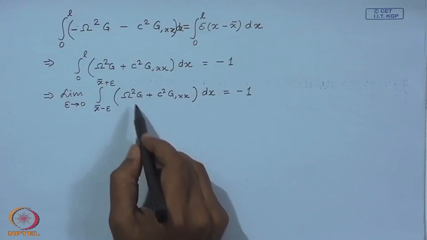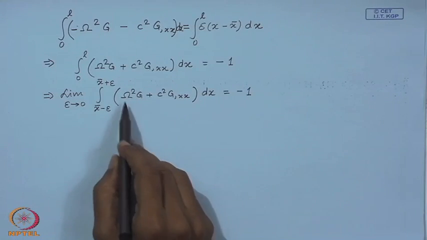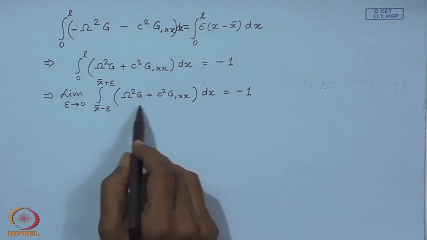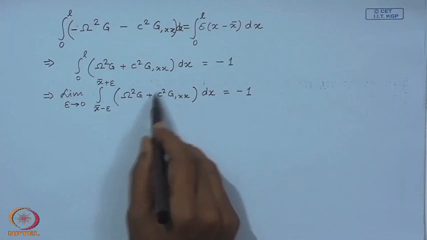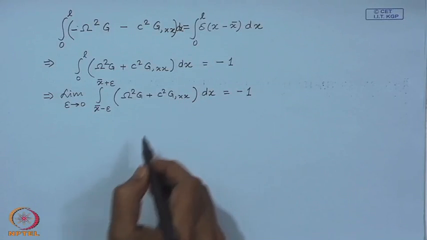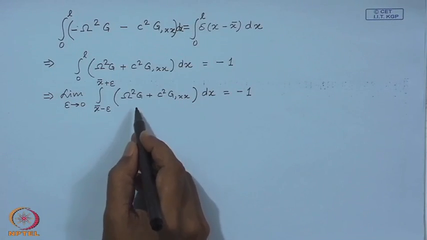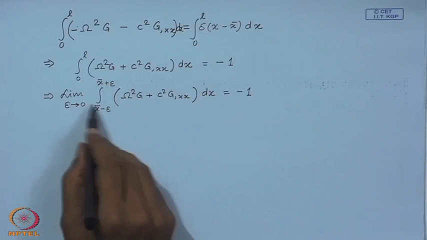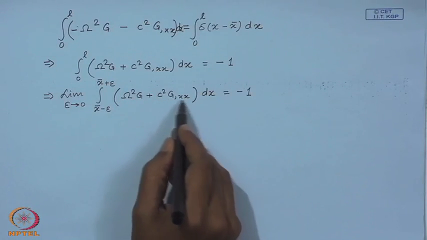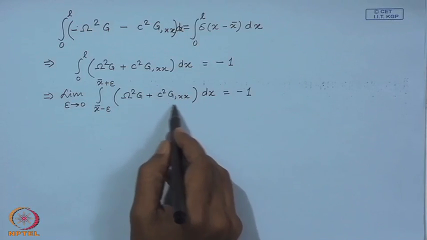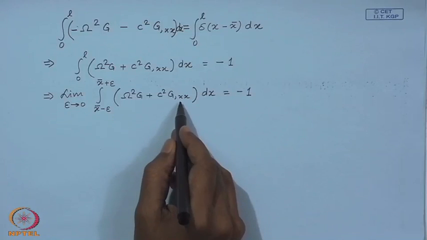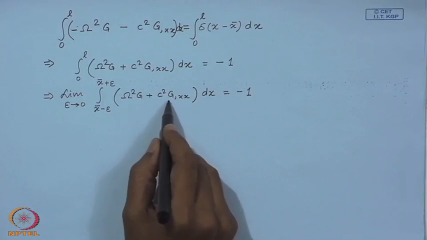Because g is continuous and does not have any sharp discontinuity, this term is not going to contribute in this integral. This other term is going to, because the first integral of this will represent the slope of the string, del g del x.